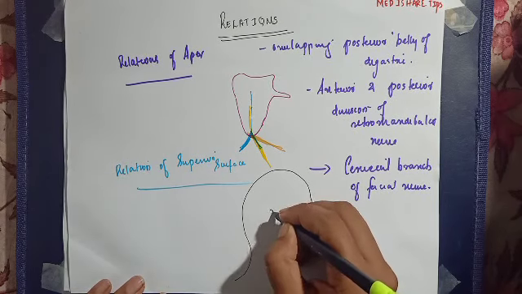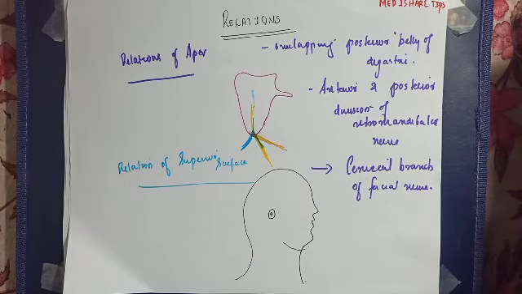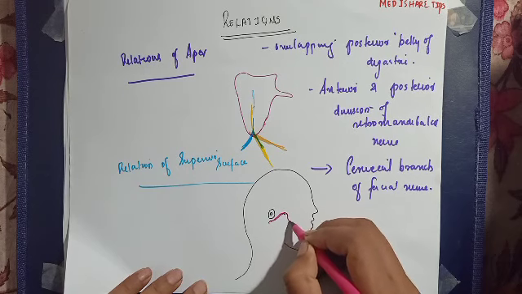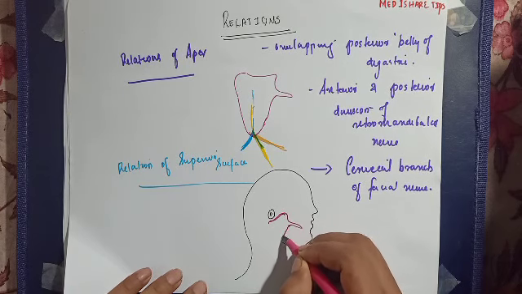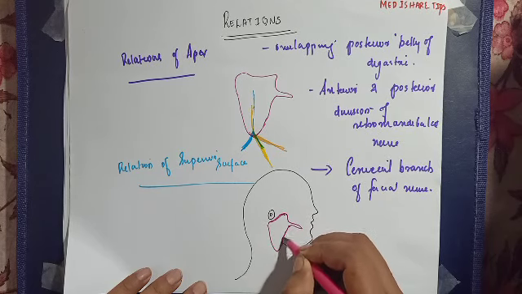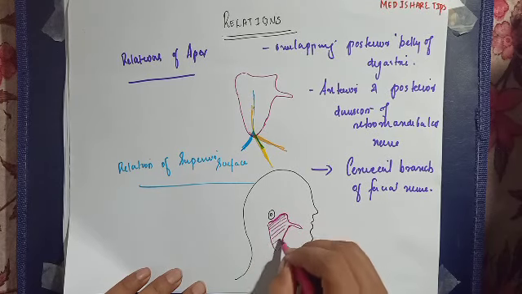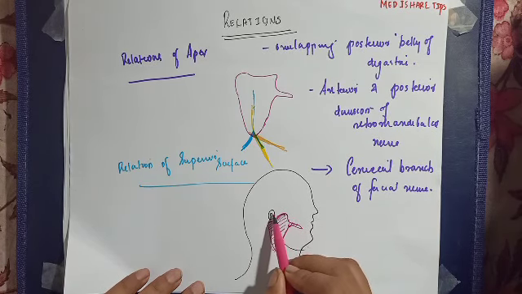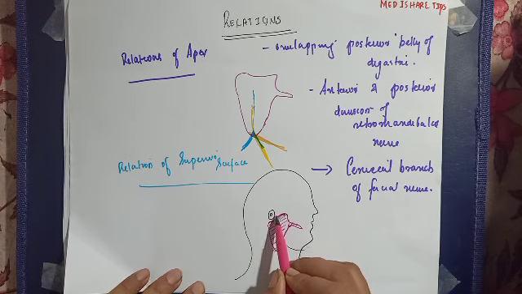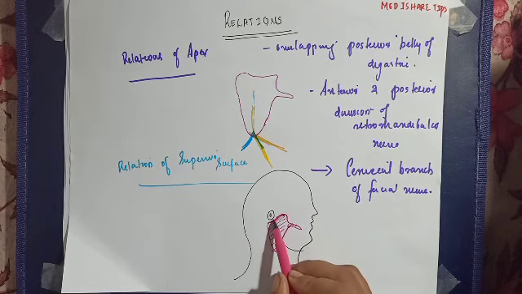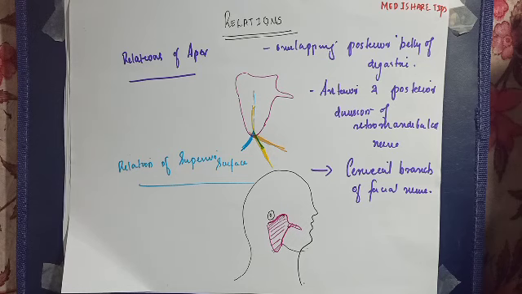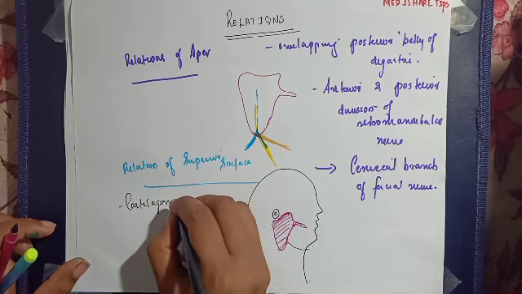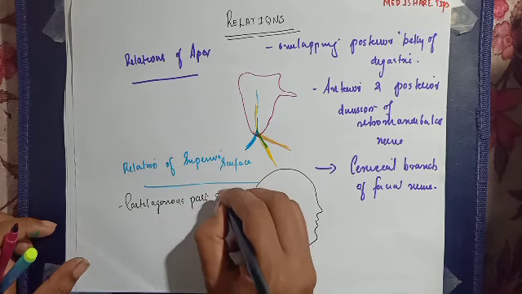What I am drawing here is the external acoustic meatus, and I have the parotid gland here. You can see the superior surface is related to the external acoustic meatus, that is, the cartilaginous part of the external acoustic meatus.